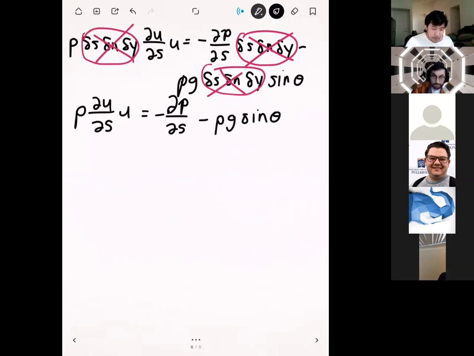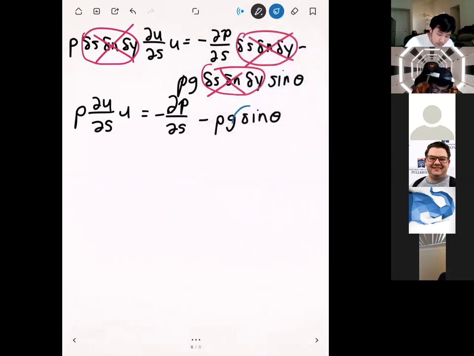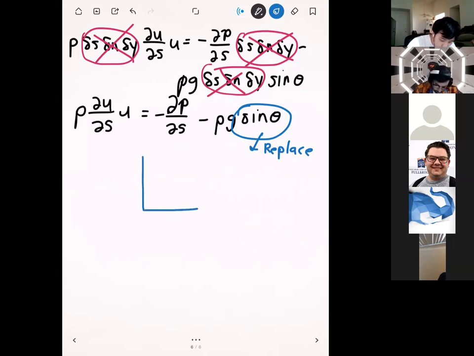We're getting close, but the one term that's kind of weird here is this sine theta. Not weird in the sense that it doesn't belong, but it's not put in terms of variables for all the other terms. We want to replace it with variables we can actually work with. To do that, I'm going to draw a triangle.